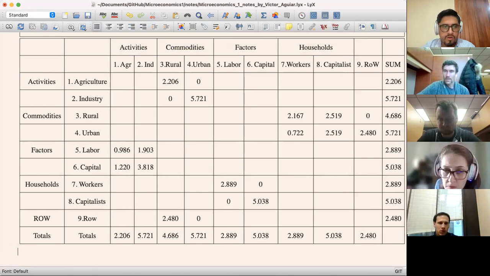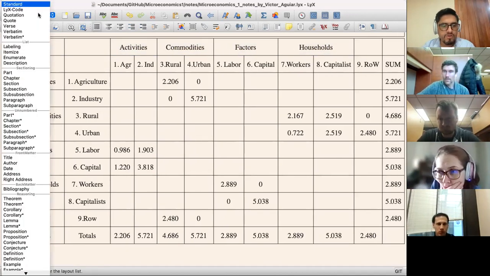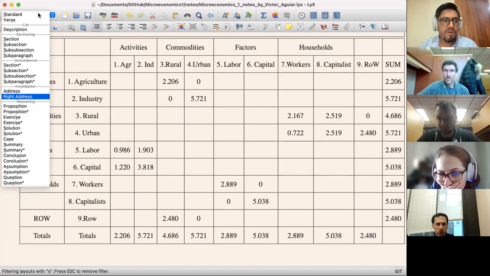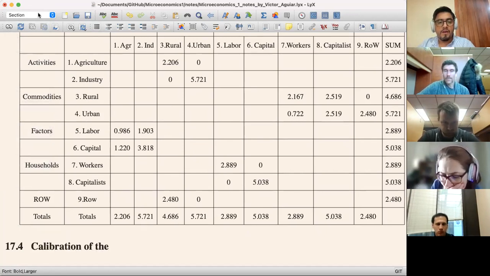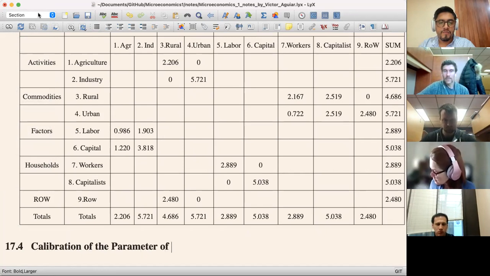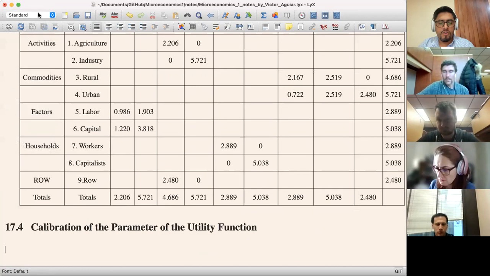But then it's a little bit lost on the students, because I just run the program I did, and then I don't have the time to go line by line. So I'm going to do it more theoretical this time. So, calibration of the parameter of the utility function. This is the easiest one. Other calibrations are harder to make.